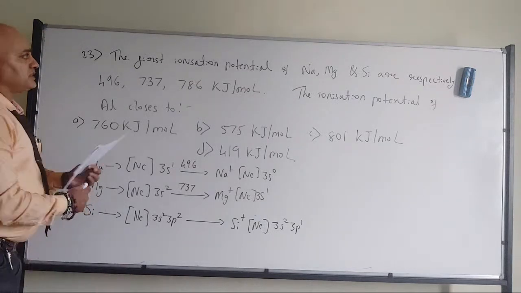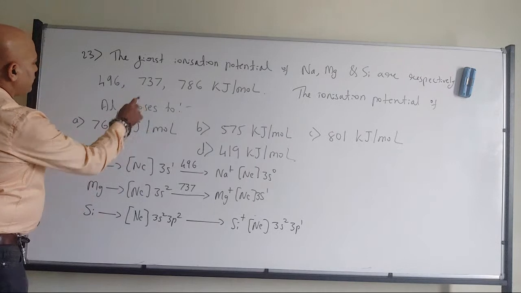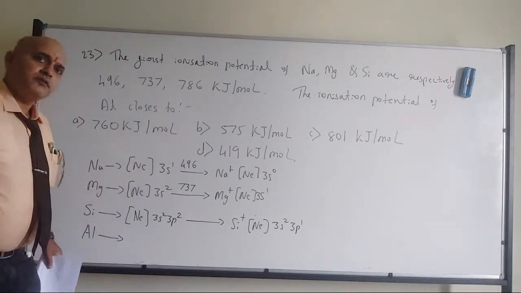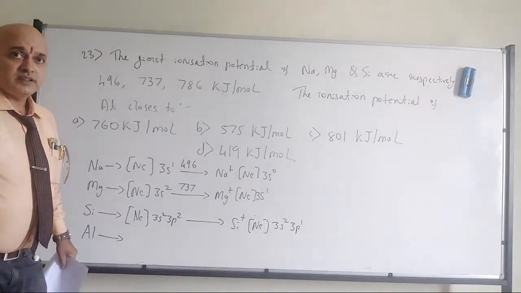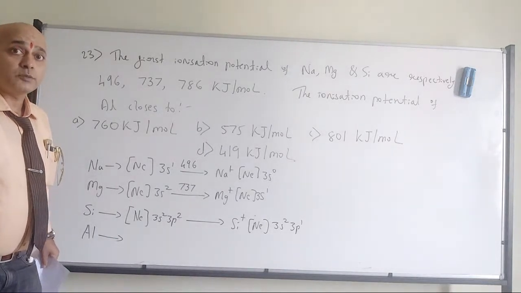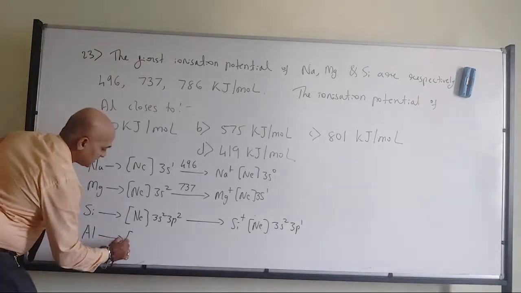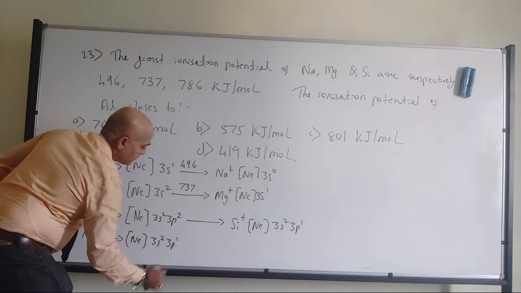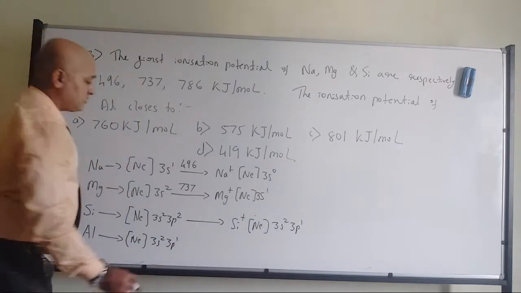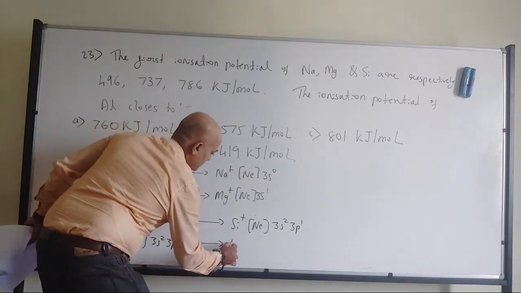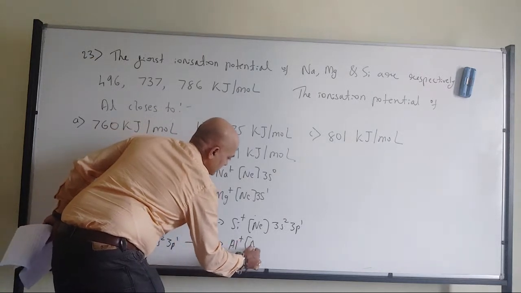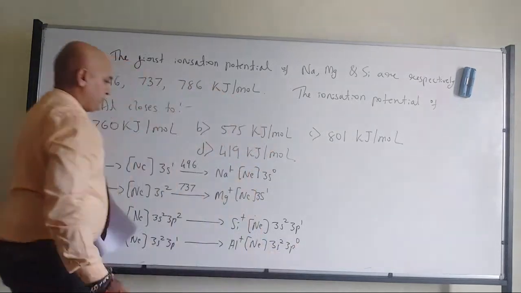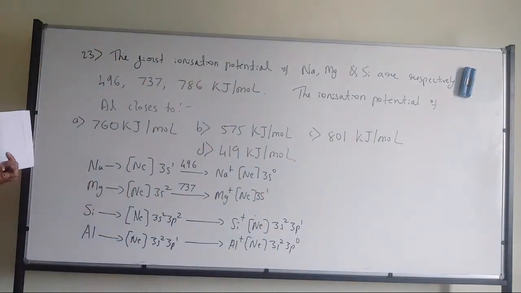Aluminium comes after boron in group 13, once again period 3. So neon 3s2, 3p1 will become aluminium plus, neon 3s2, 3p0. Right? This is what will happen.